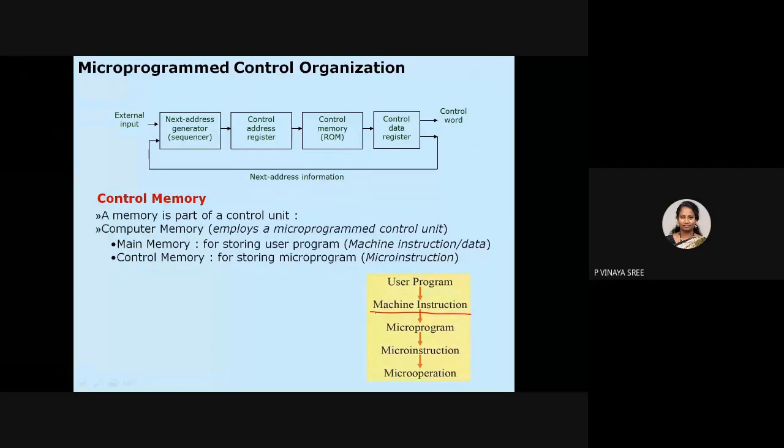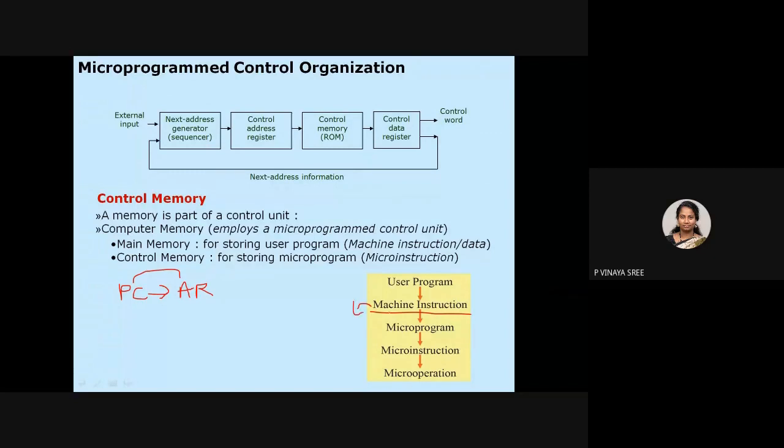With normal machine instructions, we used to have a program counter, which stores the address of the next instruction. From the program counter, we place the address in which register? Accumulator or address register? The address register. I'm not talking about the microprogram now, just the normal machine instructions.